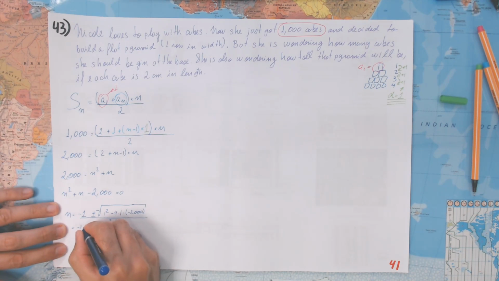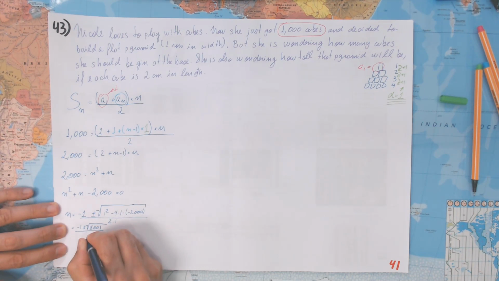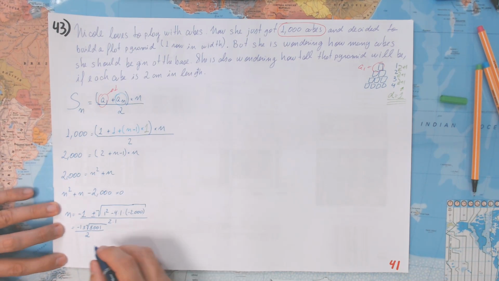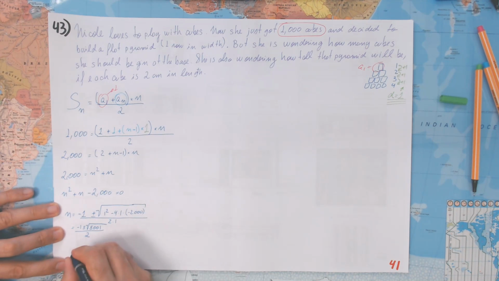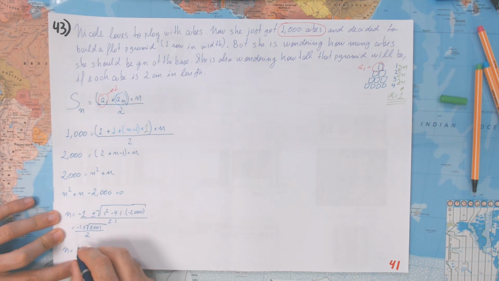Minus 1 plus or minus square root of 8001 divided by 2. Well, we are going to see that n is going to be minus 1 plus or minus 89 point something, divided by 2.